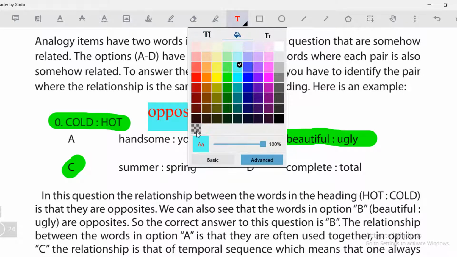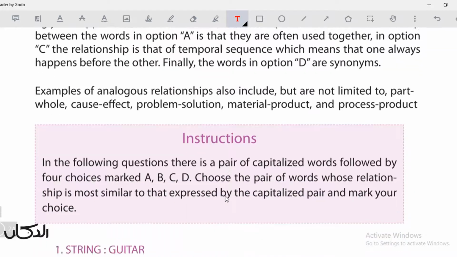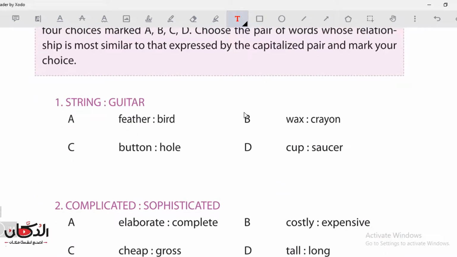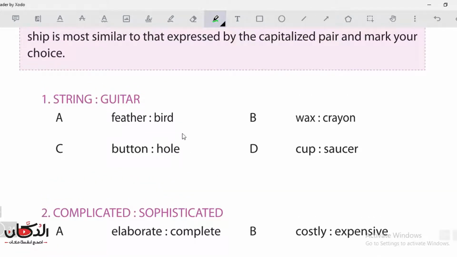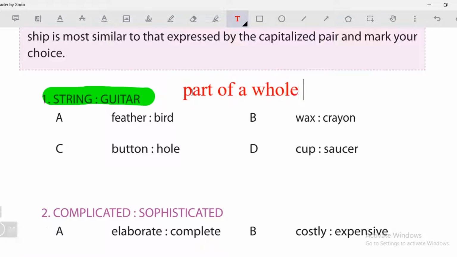Let's move to another question. I'll give you a few seconds before I start answering, just to think. The second sentence is string and guitar. You can define the relationship here as part of a whole.